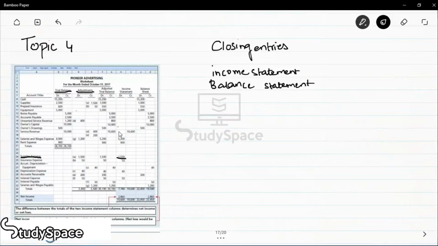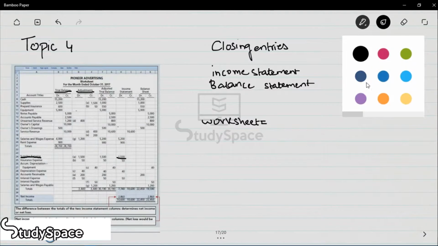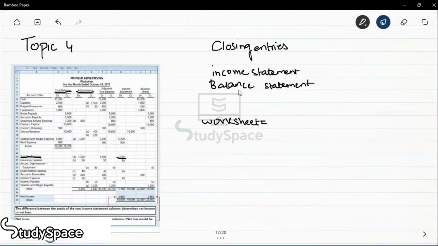So in a worksheet you can basically compare all your statements and changes within them.